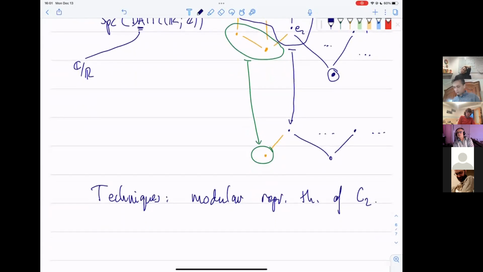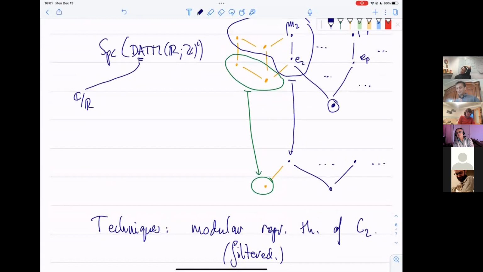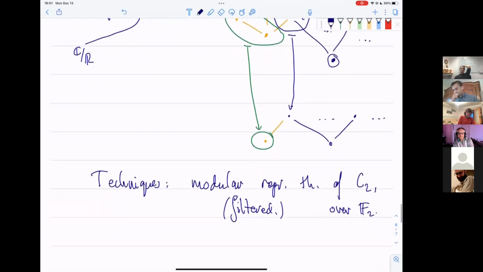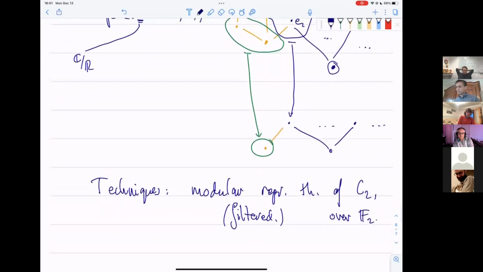Well, we have to look at filtered representations, so it's not completely trivial. The representation theory with coefficients in Z mod 2, so over F2. And that's kind of an essential ingredient.